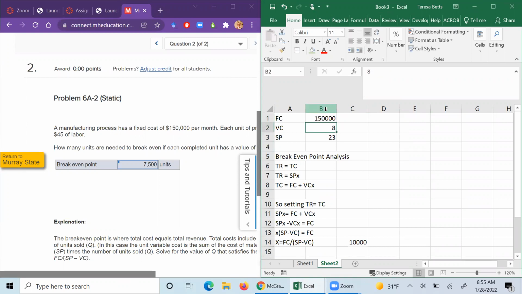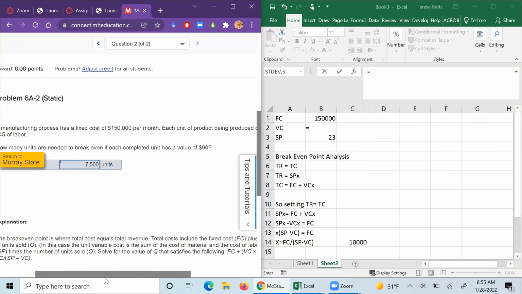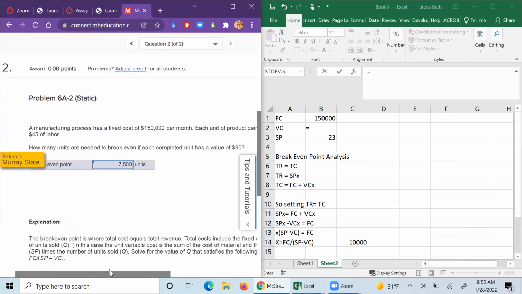Variable costs are going to be equal to the labor of $45 plus the material cost of $25, so in the variable cost cell we say equals 45 plus 25. And our sales price per unit is $90. When I finish that up, that tells me my break-even point is 7,500 units.